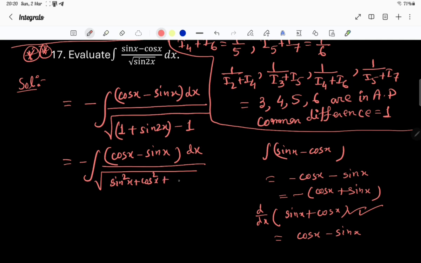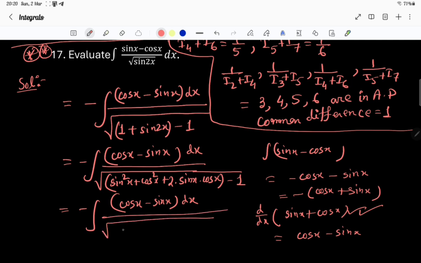I am writing plus sin 2x. Sin 2x is 2 sin x into cos x. Can I write instead of sin 2x, 2 sin x into cos x? Minus 1 is coming outside. So integration cos x minus sin x dx over root of (sin x plus cos x) whole square minus 1.